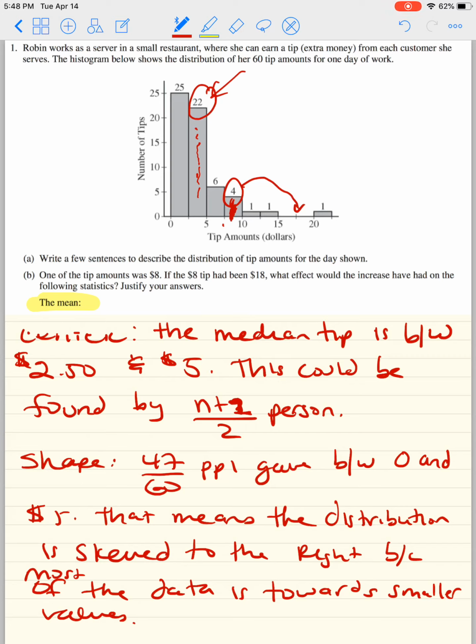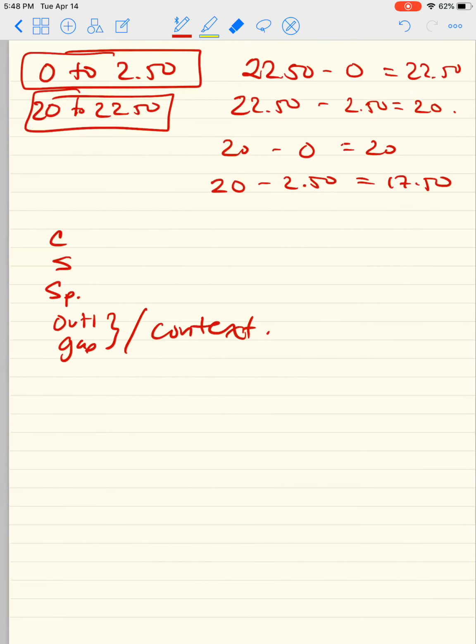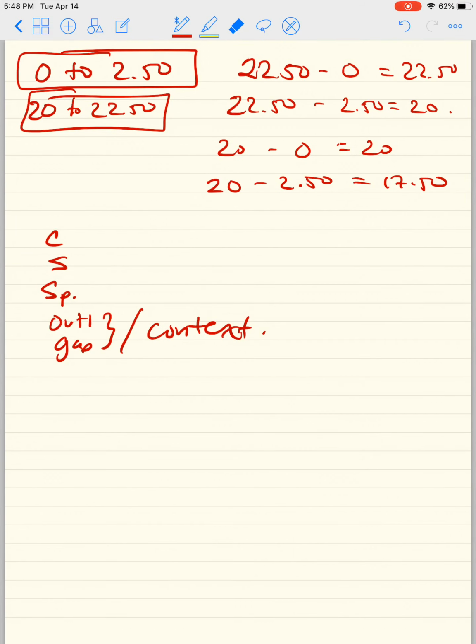Now, if you were going to find the average, remember, I want to show you guys something actually. If I asked you to find the average of, let's say, 2, 3, and 4, right? We can say 2 plus 3 plus 4 divided by 3 is 3.